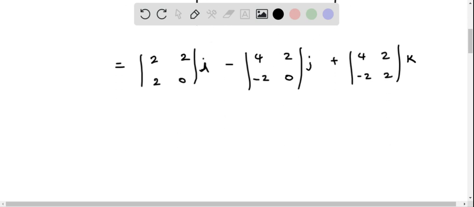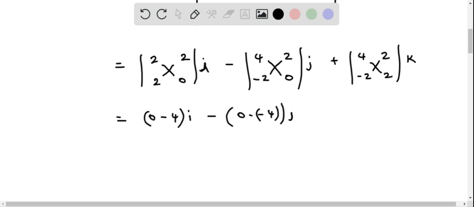You can evaluate each of these 2 by 2 determinants by doing the cross product. So for the i component, 2 times 0 is 0, minus 2 times 2 is 4. This is for i. Minus 4 times 0 is 0, and negative 2 times 2 is negative 4. This is for j component. Plus 4 times 2 is 8, minus 2 times negative 2 is negative 4, and this is for k component.